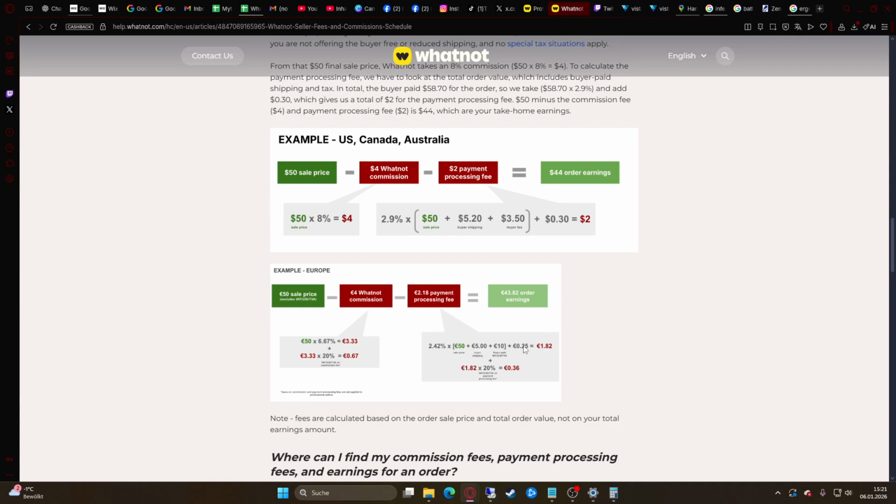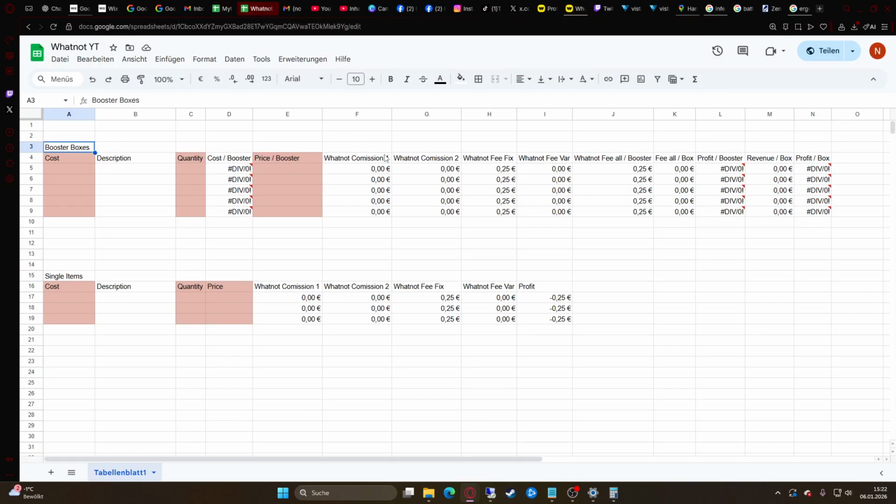Then you have a 25 cent fixed cost, but then you add 20% of your result on top, and then you get your Europe payment processing fee, which ends up being a little bit higher than the one in the US. So this in theory, and I put this in the spreadsheet.